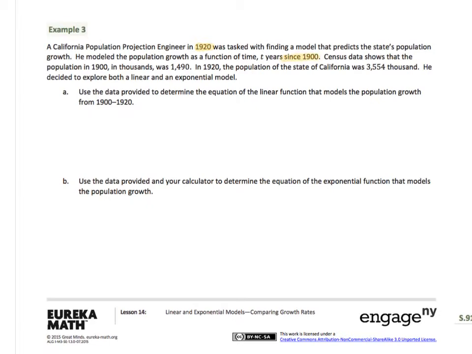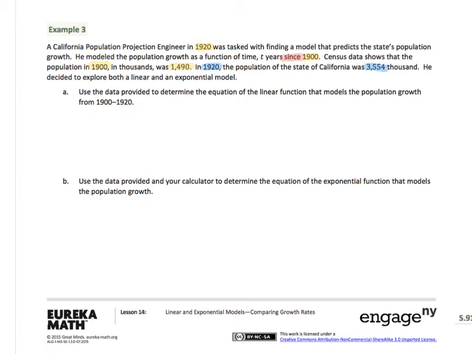That "since" is really important. I'm going to do that in red. And census data shows that the population in 1900 in thousands was 1,490. And in 1920, the population of the state of California was, let's do this in blue.